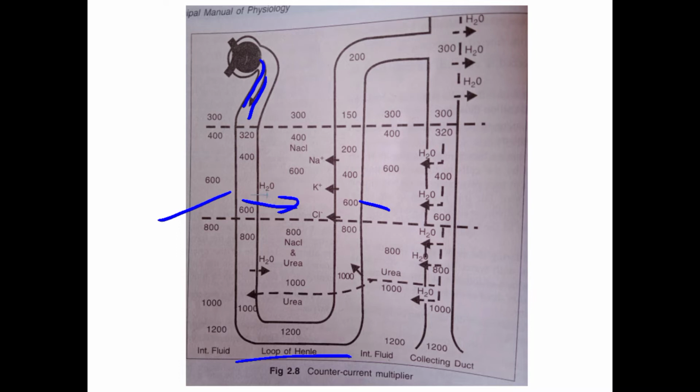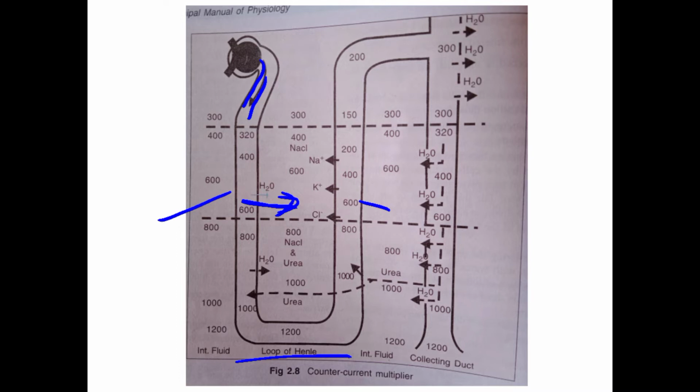You can see here the water is going from the tubule into the interstitium, which is hyperosmotic, so its osmolarity is very high. This helps in gradual increase in the osmolarity of the tubular fluid, reaching equilibrium with the surrounding interstitium.